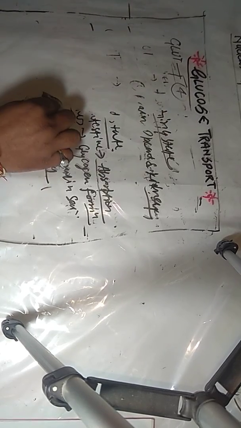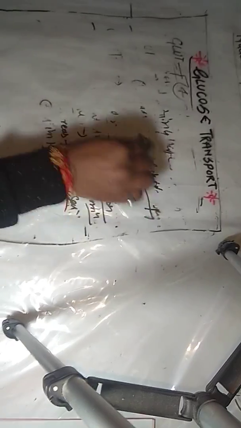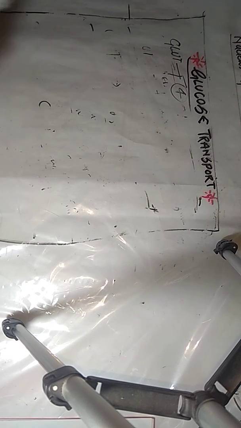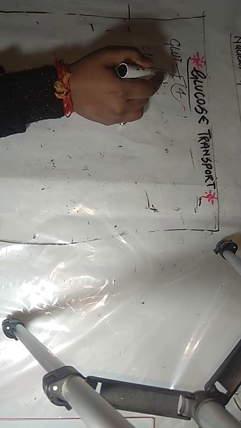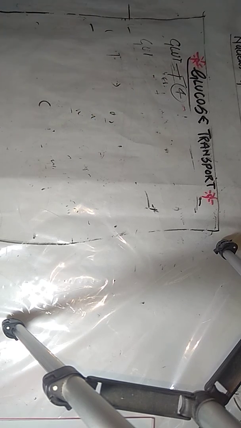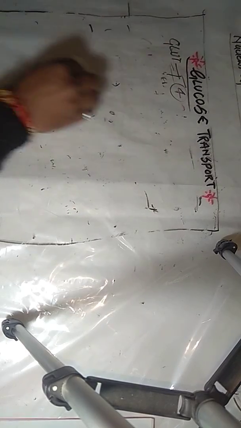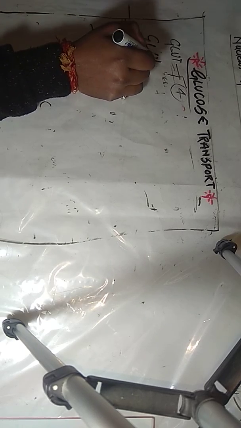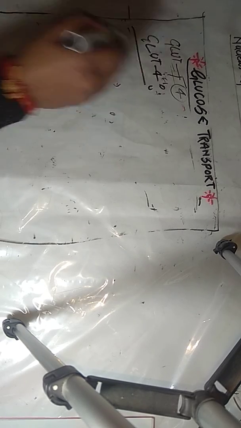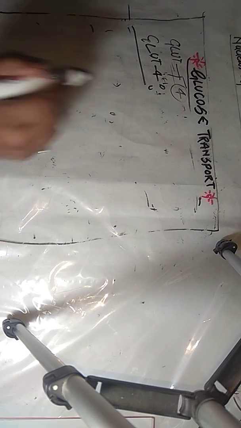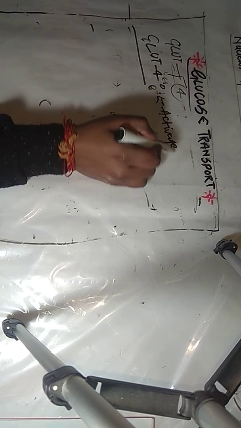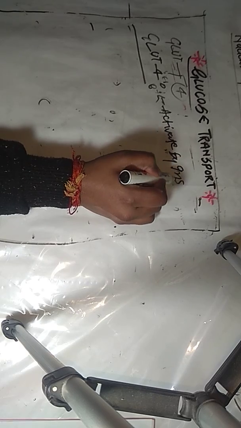After this, we will deal with GLUT4. GLUT4 is basically activated by insulin.